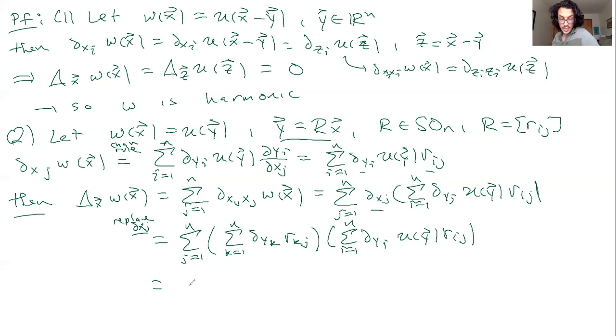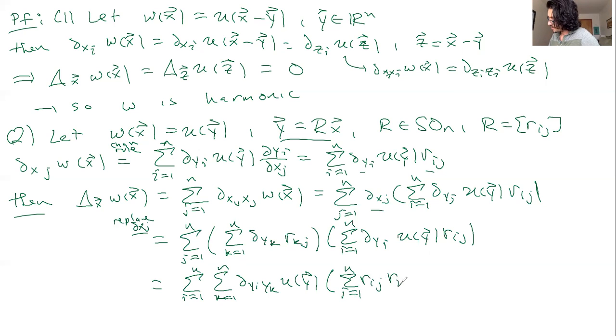And this is equal to the sum over i equals 1 up to n and k equals 1 up to n of dyi dyk u of y, and then I've got the sum over j equals 1 up to n of Rij Rkj terms here, okay?